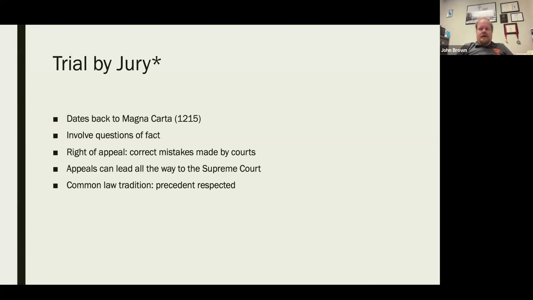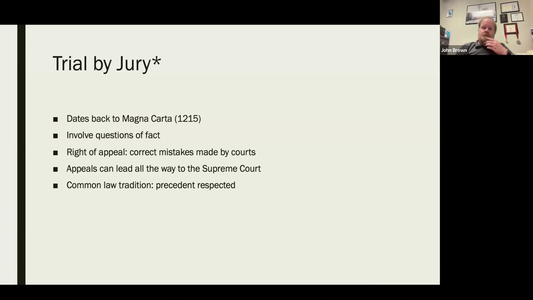And so when a court's deciding if they want to review a lower court's decision, they look simply at the procedure. And if the procedure is correctly followed, then they will usually deny the appeal.